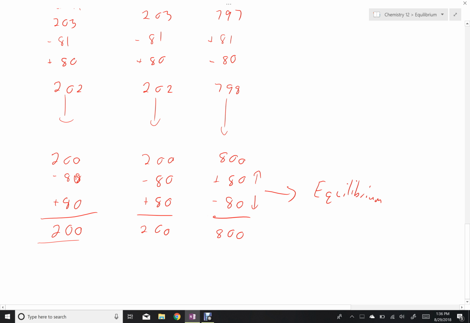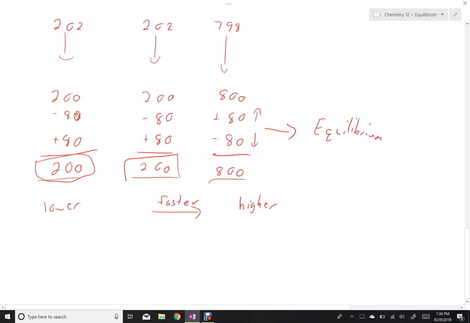This is obviously not an even equilibrium. We can see that since this reaction was faster, these populations got lower, and this population got higher, so that when we consider the two factors that are coming together to form the overall rate of reaction, we consider the speed of the reaction and the concentration.